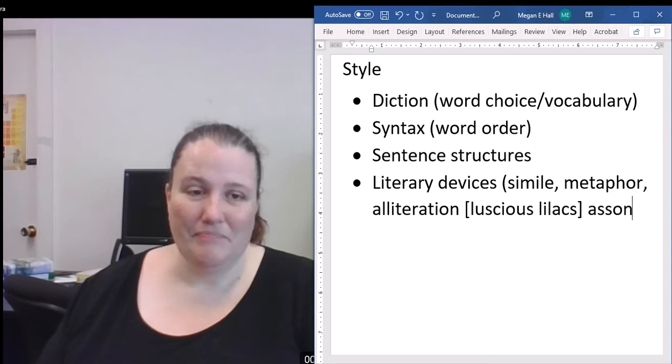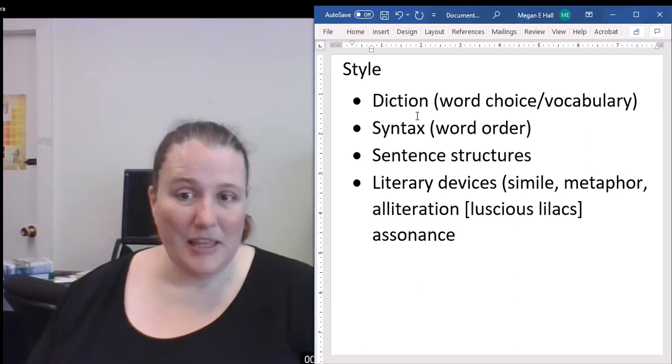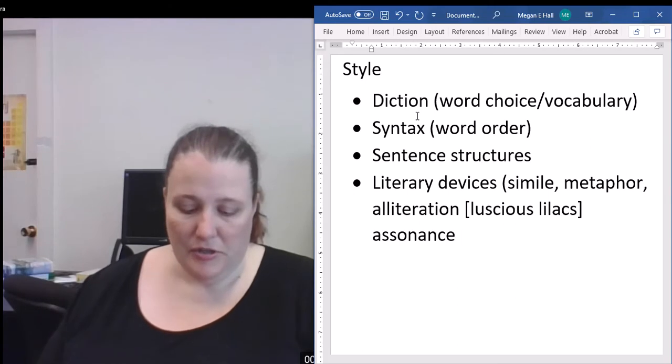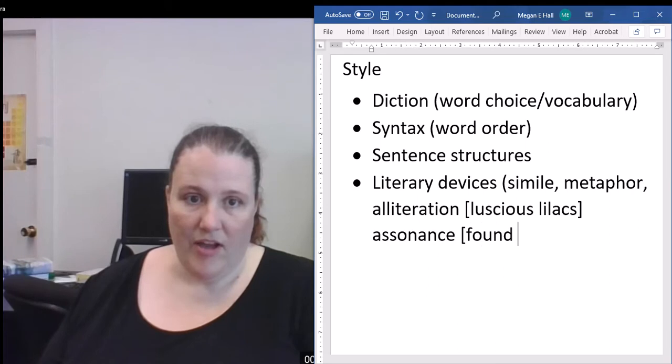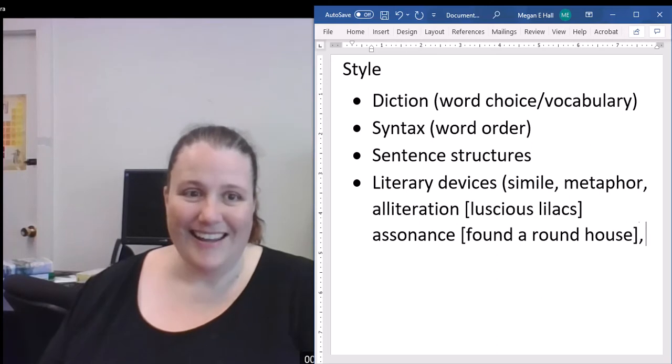Assonance. That's when you repeat a vowel sound, typically in the middle of a word. So something like found a round house. Found and round rhyme, but house does not.